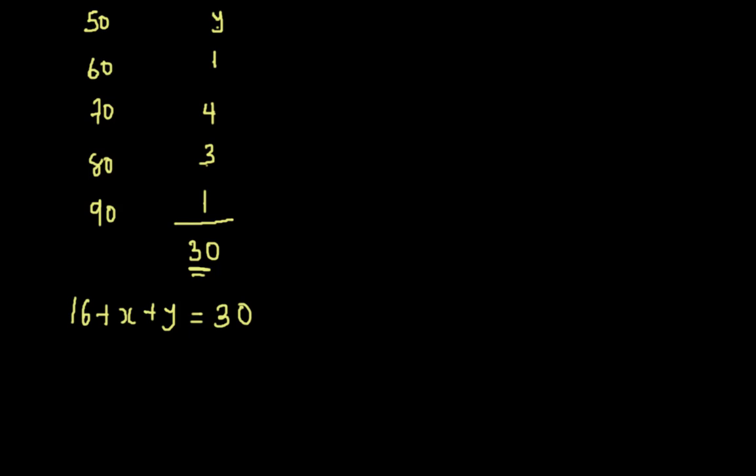Does this make sense? So that first clue that we're told that the frequency of the class is 30 can help us to find the first equation. So we collect like terms. This will be x plus y equals 30 minus 16, which will give us 14.